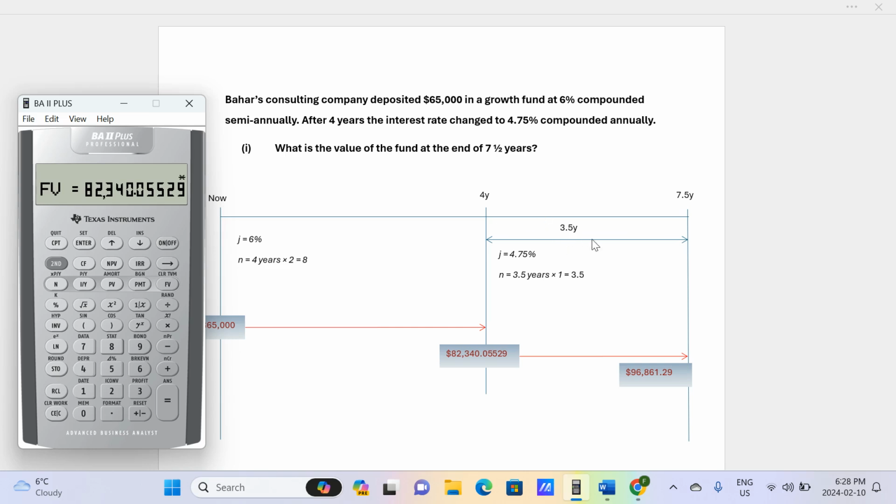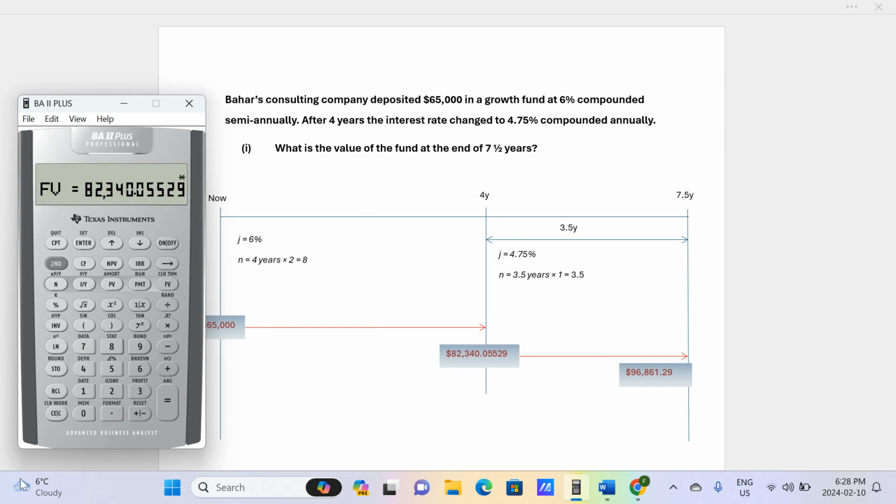Now I'm going to use this future value as the present value for the second period of time, 3.5 years, to find the future value at the end of 7.5 years. I need to change this number to the present value for the 3.5 years period of time. How? Because future value and present value always have different cash flow.